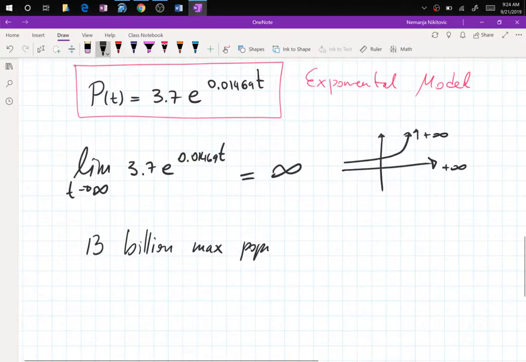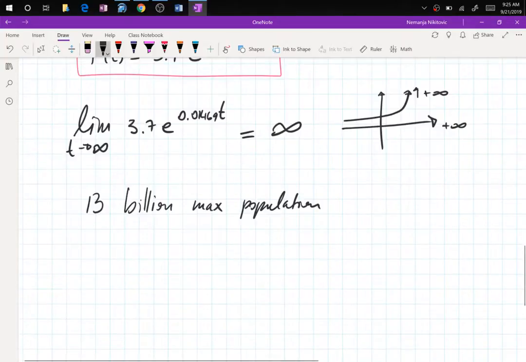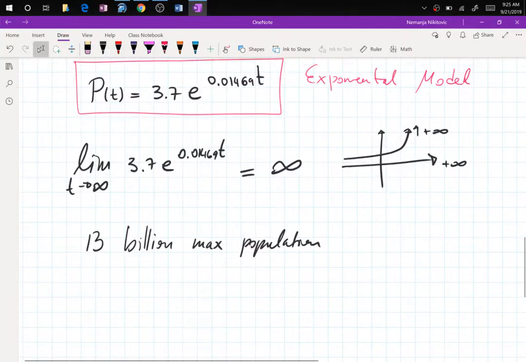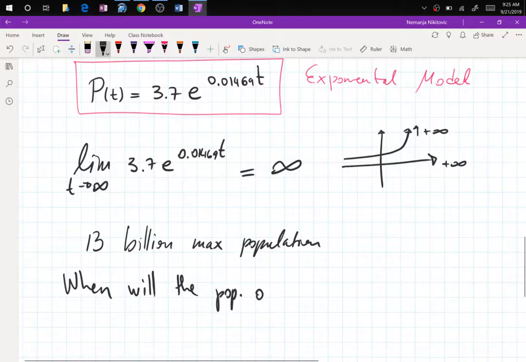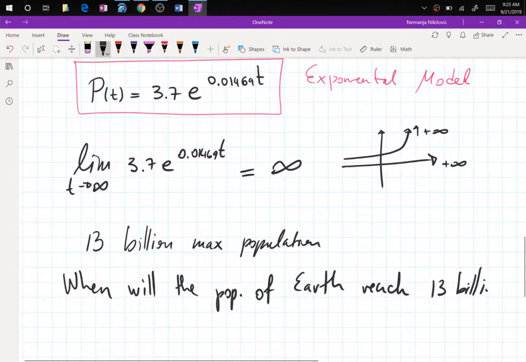So what am I going to do? Well, I'm clearly asking a question: when will the population of Earth reach 13 billion? Now, this is also something that you would ask in pre-calculus, not something that you would ask in calculus, because it's a basic calculation.